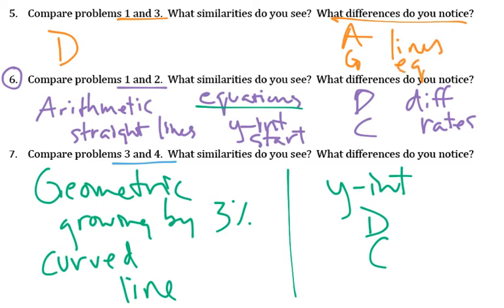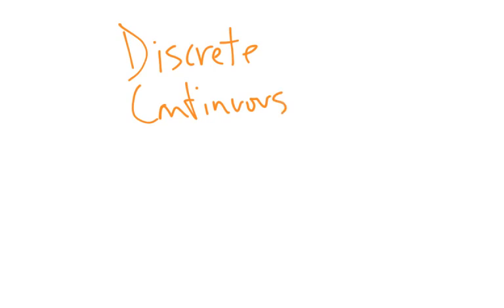Their equations were different. Their y-intercepts were different. There were a lot of differences there, and some similarities. But there's the main idea. So understanding the difference between discrete and continuous, how that affects the line, how you draw it, and what makes sense, is pretty important.